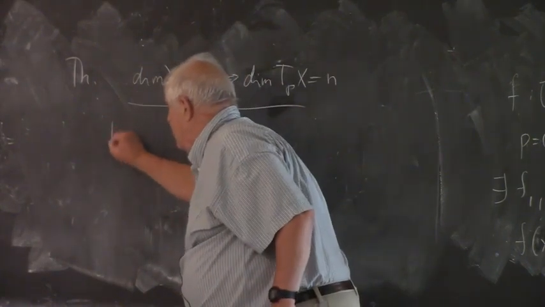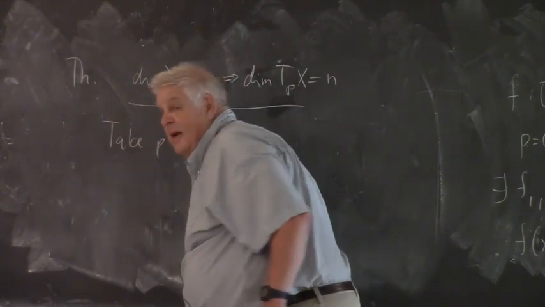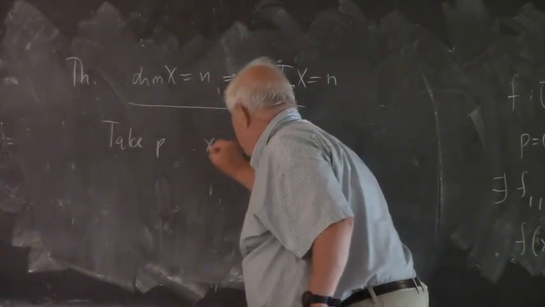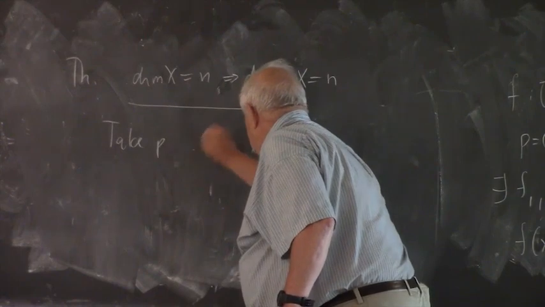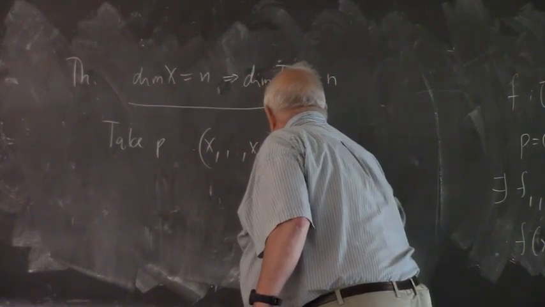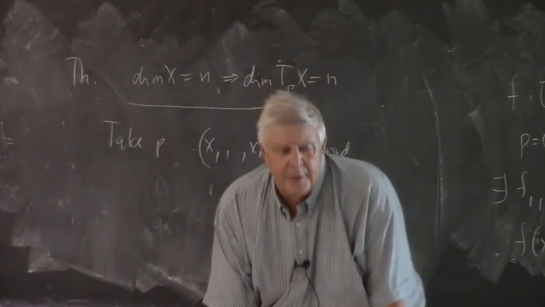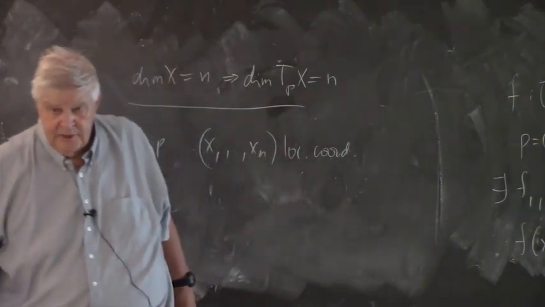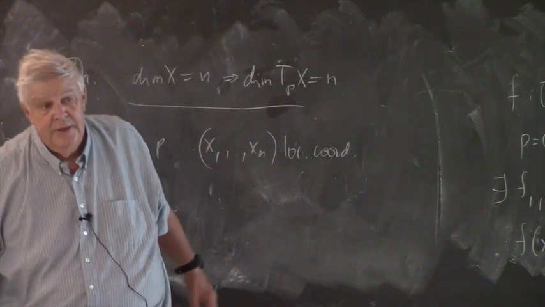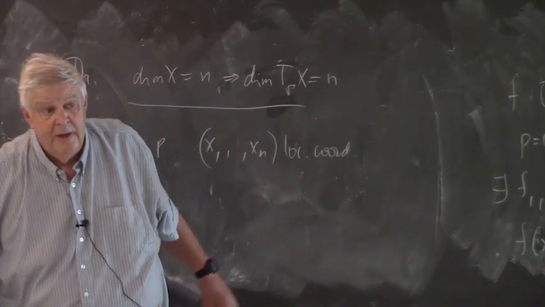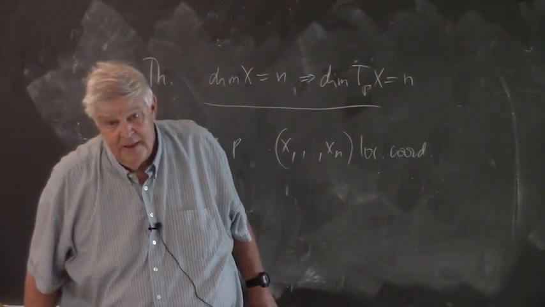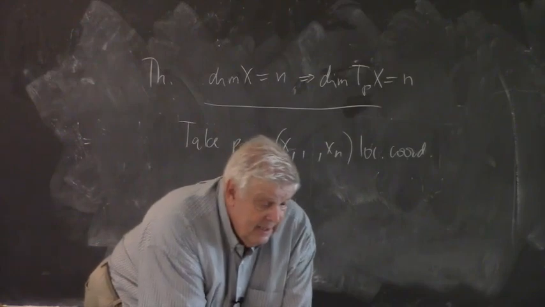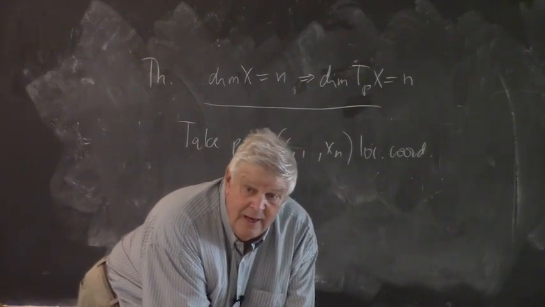I take a point P, and I take some local coordinates around this point. You remember, I introduced this language. So we take a chart which covers P, and this chart brings, in some neighborhood of P, a system of coordinates x1, ..., xn from the Euclidean space. Let's say P has some coordinates also.